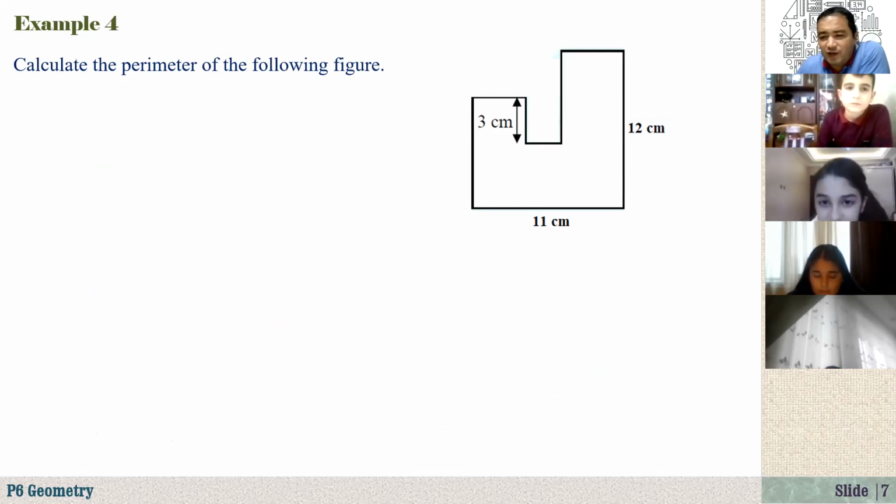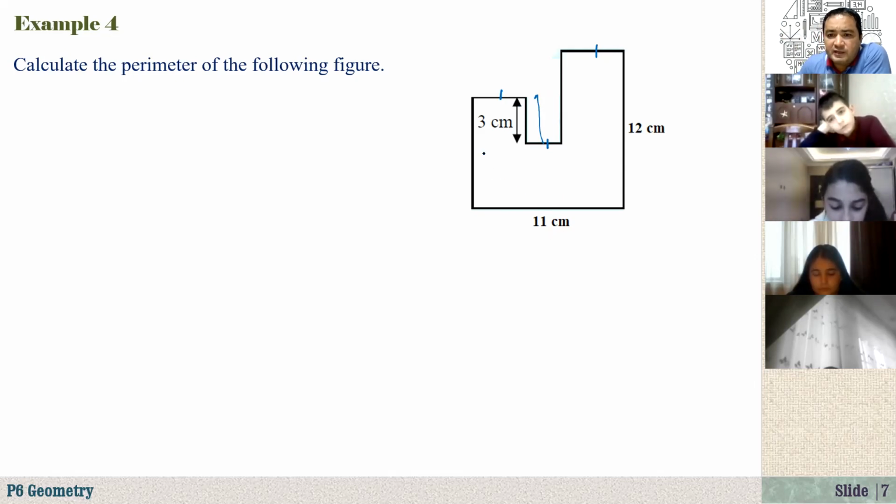As you see here, if you understand the rule, it's very easy, right? Now we need to find the total length of the boundary. If I just move this one here, this plus this equals 11, right?